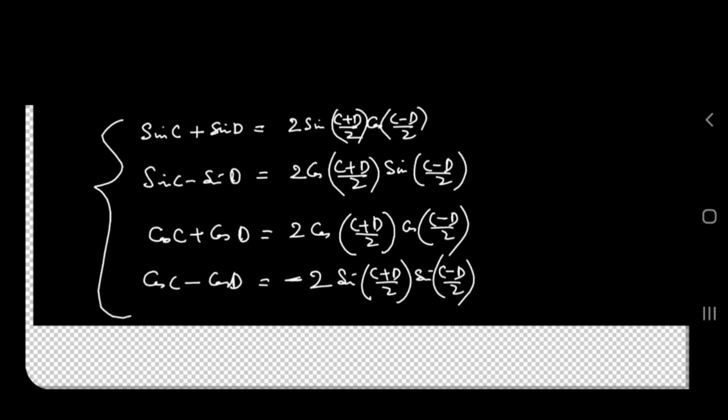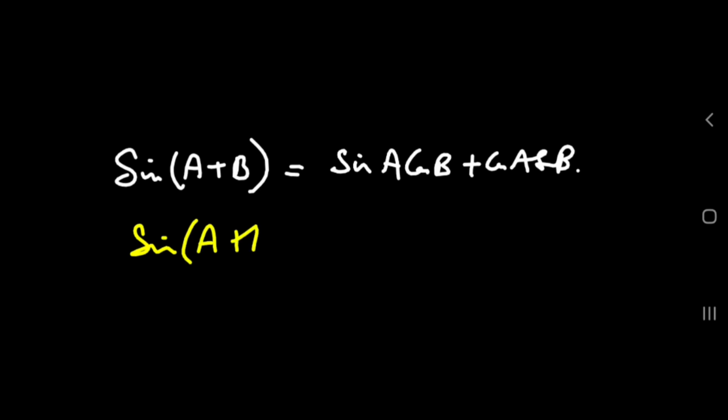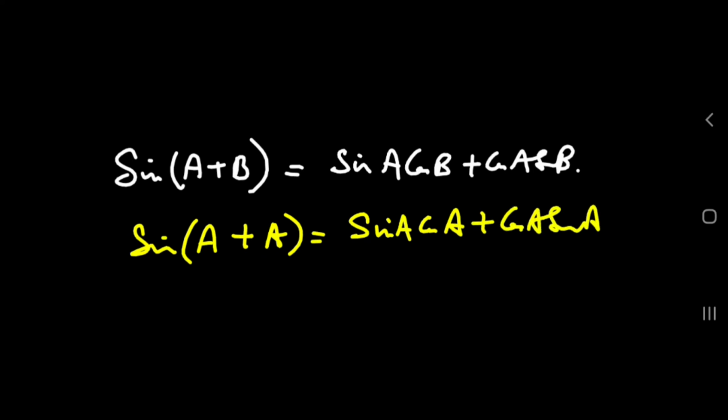Okay, let's come to the next part. Now tell me, sin(A+B) again I am writing: sin A cos B + cos A sin B. And if I write sin(A+A), then what will come? Sin A cos A + cos A sin A. So ultimately this is 2 sin A cos A. This is sin 2A.